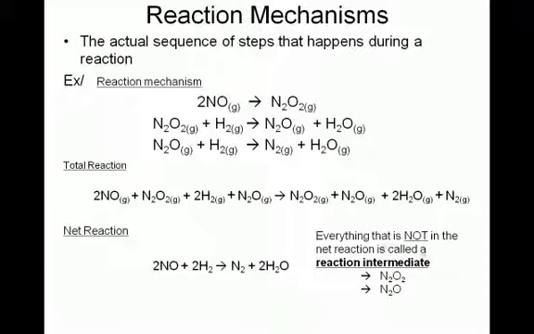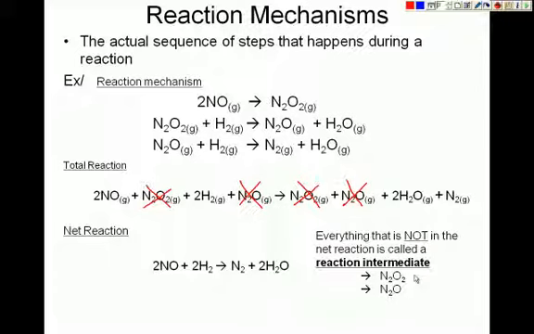Now everything that is not in the net reaction is called a reaction intermediate. As we talked about before, this is not in the net reaction, and this is not in the net reaction.